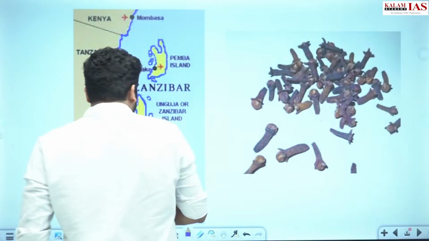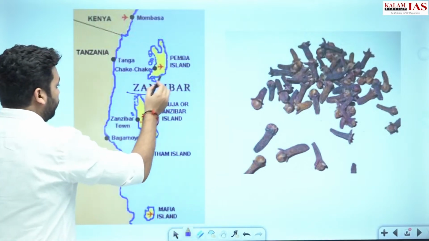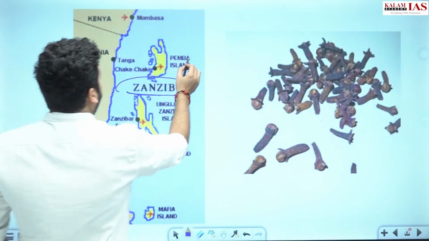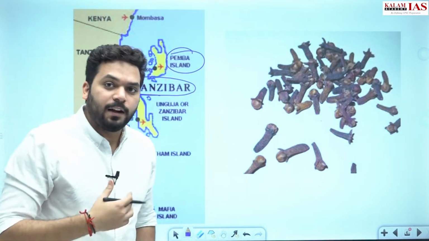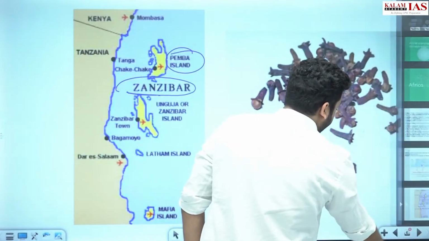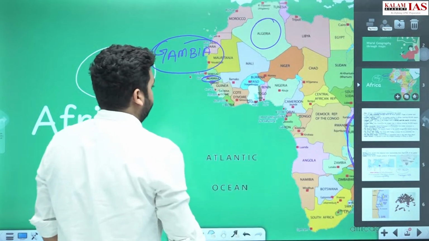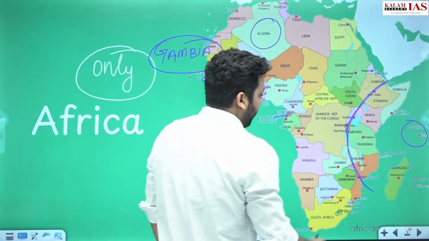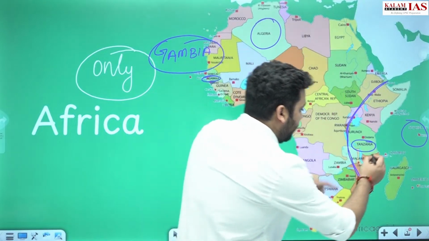Then these are the two: Zanzibar Island and Pemba Island. These two islands are the islands of Tanzania. Okay, this is Tanzania, and these two islands are over here.